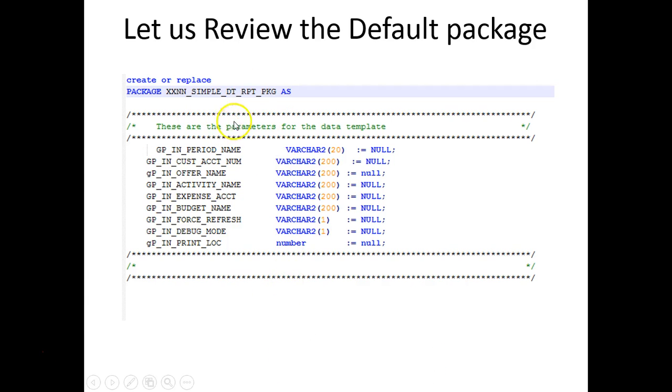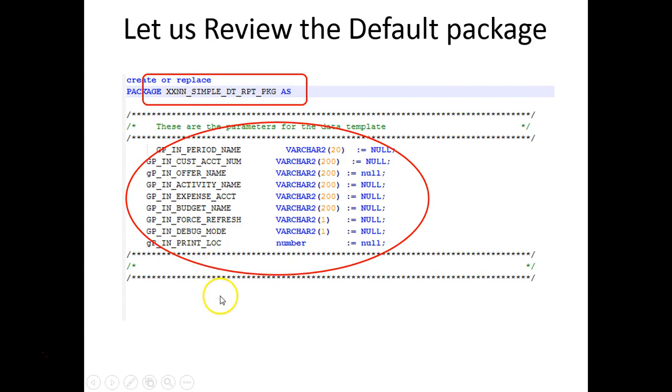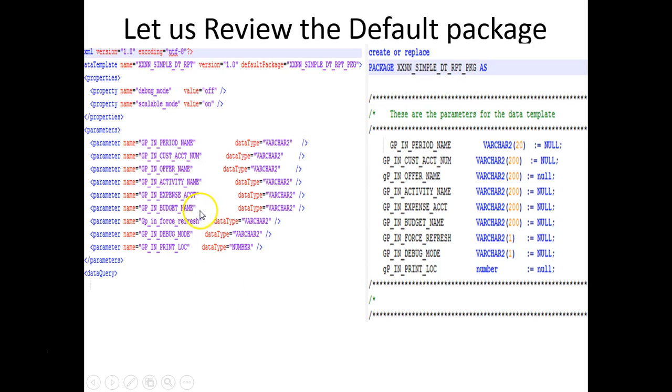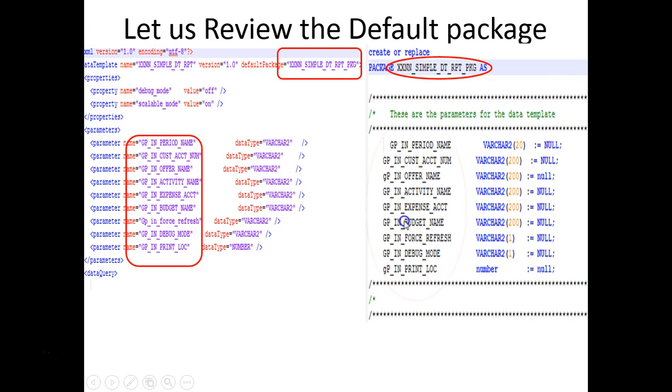If you look at the package specification, you can see these parameters are used in the data template. Let's review it side by side. The default package is the package that's specified for the PL/SQL function. The parameters are being defined, and they have been defined in the default package as well.